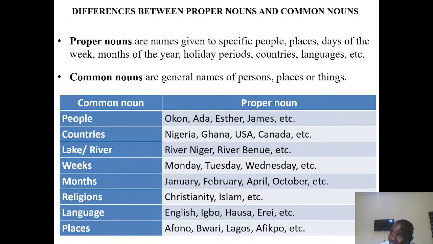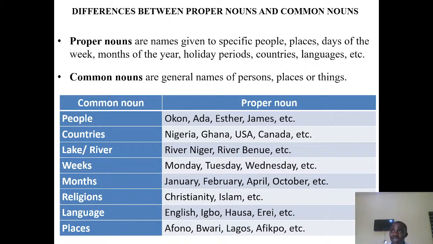The names of your villages, each particular place, the name given to it is a proper noun. Day of the week, the word Monday is a proper noun. The name given to one particular day in the week is a proper noun. Tuesday, the same thing. Wednesday, the same thing.